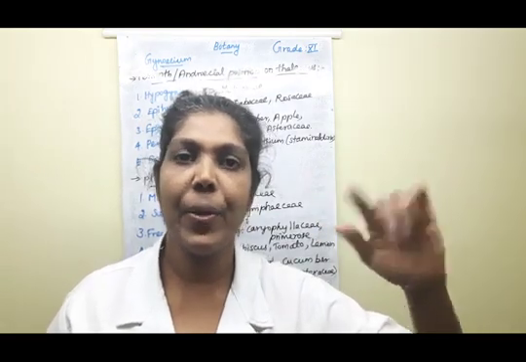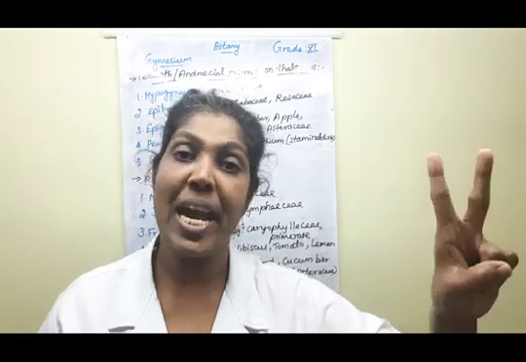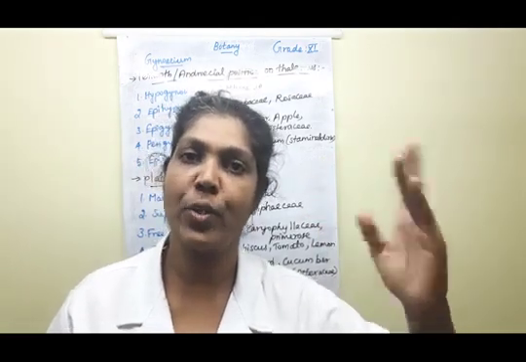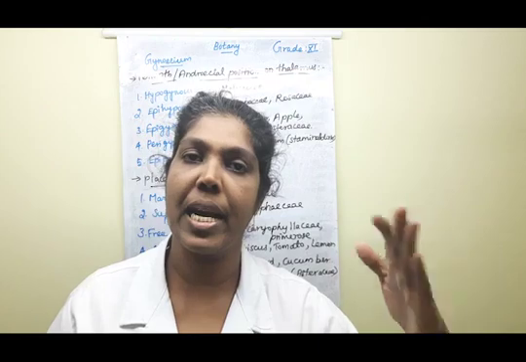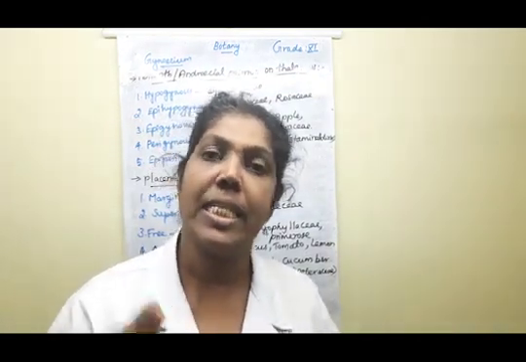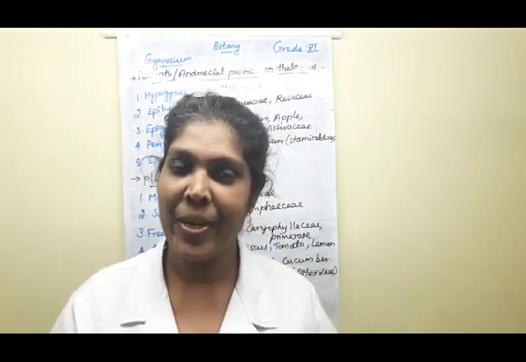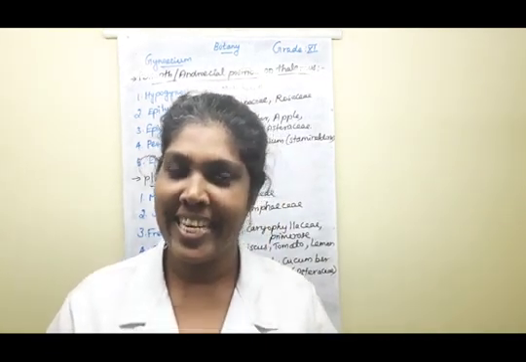Single means unicarpellary, then 2 means bicarpellary. Then it depends upon the number: 3, 4, 5, like tri-, tetra- and pentacarpellary. Clear, children? Say yes or no. Do you remember that? Yes, good.